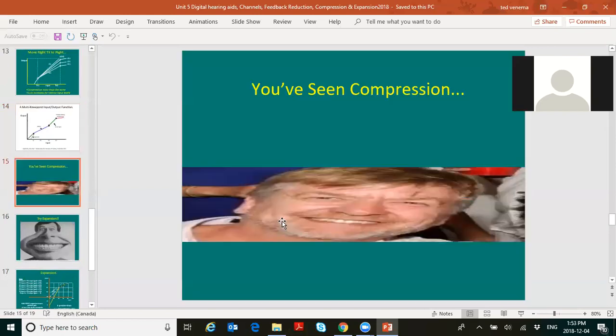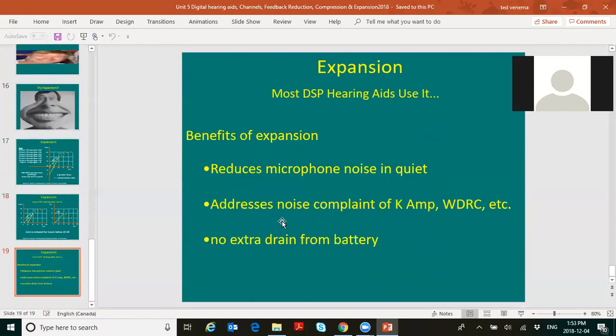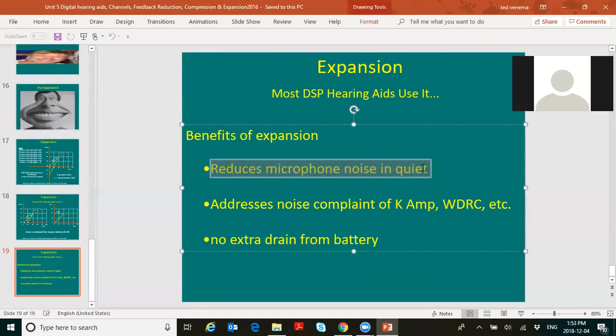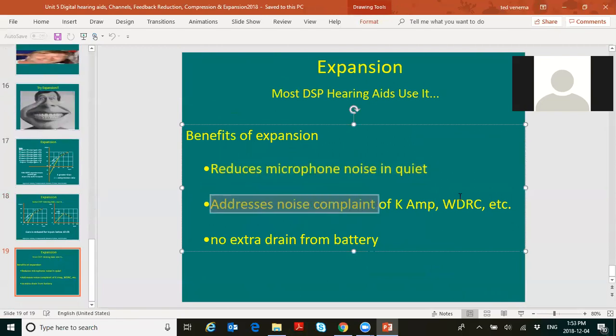And the reason why people used expansion was to reduce the internal microphone noise in quiet. It addresses the typical noise complaint of WDRC because WDRC is working its hardest for soft inputs. So in dead quiet, it's amplifying the heck out of ambient room noise.